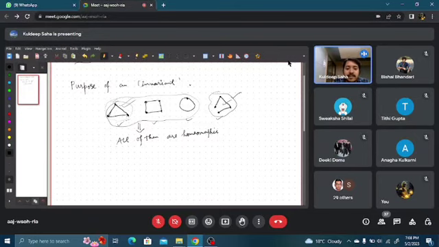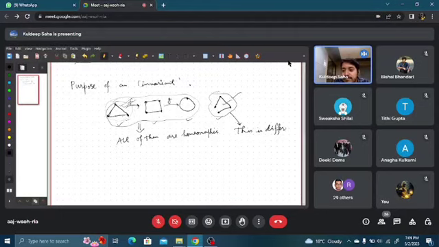Each of these objects is by itself a topological space, right? Homeomorphism just means that I have a continuous bijection whose inverse is also continuous. From here to here you have a continuous bijection with continuous inverse, and from here to here also. So essentially, just by stretching and pulling, I can convert each of them into another. Okay. So this is different.